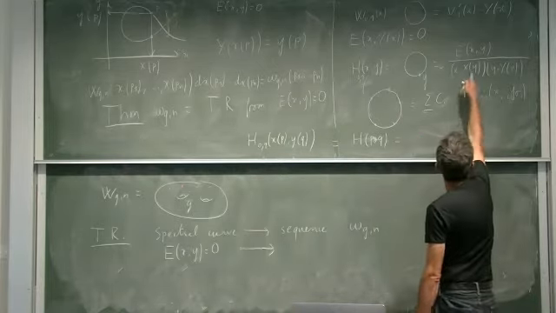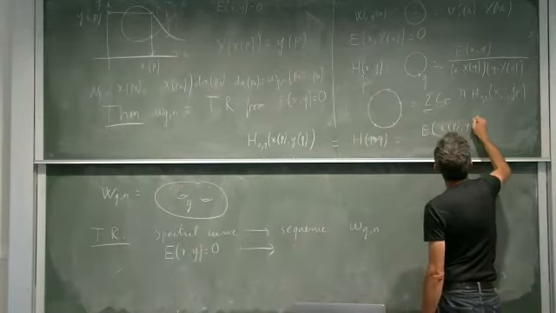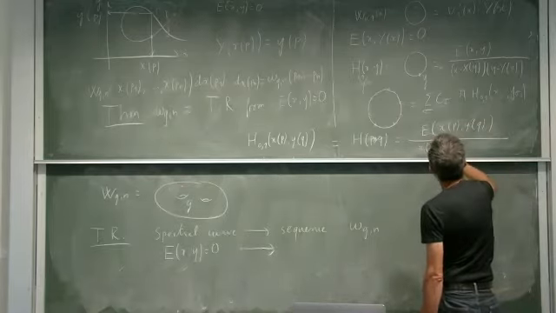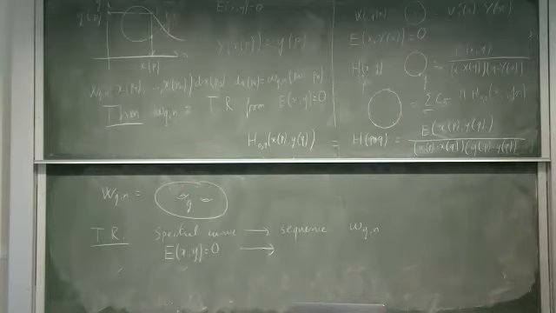It is the same thing as E of X of P, Y of Q, divided by X of P minus X of Q times Y of P minus Y of Q. So this is the ingredient that we shall need.